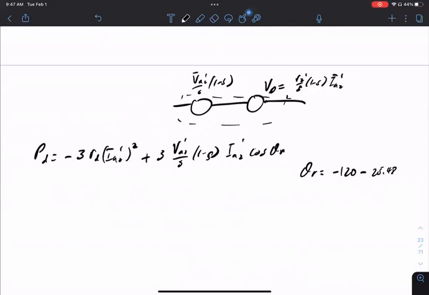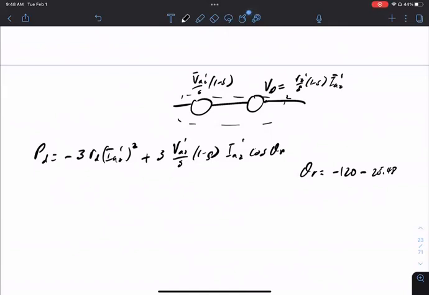Okay, so that's the key thing to remember when you do this calculation. This is not the angle of the current, for example, because this is a relative angle between this voltage and the current. The voltage angle is something, and the current angle is that. So you take the voltage angle, subtract the current. All the angles here refer to the stator, so you need to subtract them. That's really the non-trivial part.